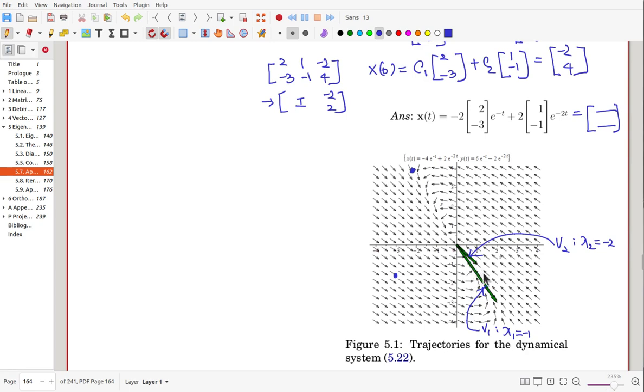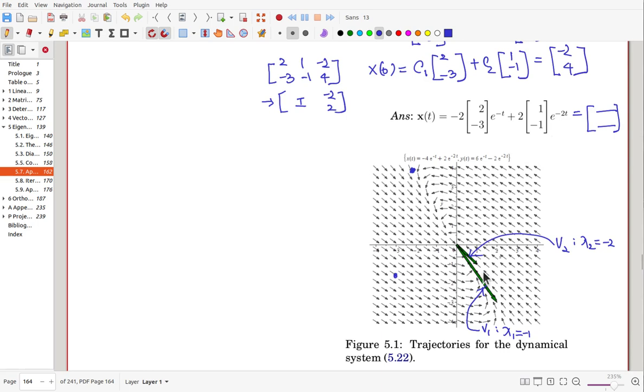Along that direction the curve is shrinking very fast, because that is e to the minus 2t as t increases. This one and that one are simultaneously approaching 0, and along the 1 and minus 1 direction, the value is shrinking more rapidly.